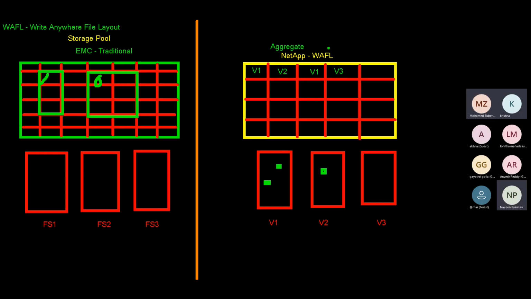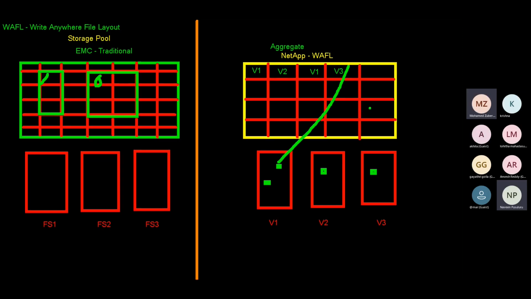Whenever you write some data to volumes, as there is no reserve, WAFL will scan for the free blocks. If it finds a free block during the scan, it will immediately write the data there.